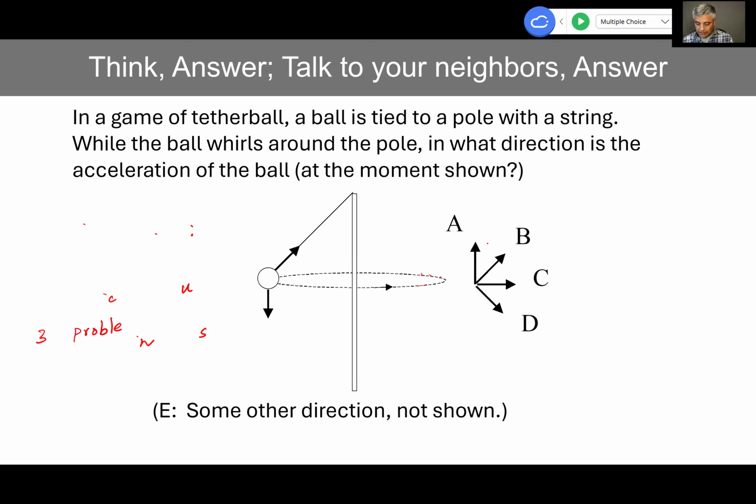When we do something like that, usually it's moving with kind of constant speed along that horizontal circle. So now the question is, what is the direction of the radial acceleration, or what is the direction of the acceleration? And the choices are there. I'll let you answer, and you have a minute to answer this question.